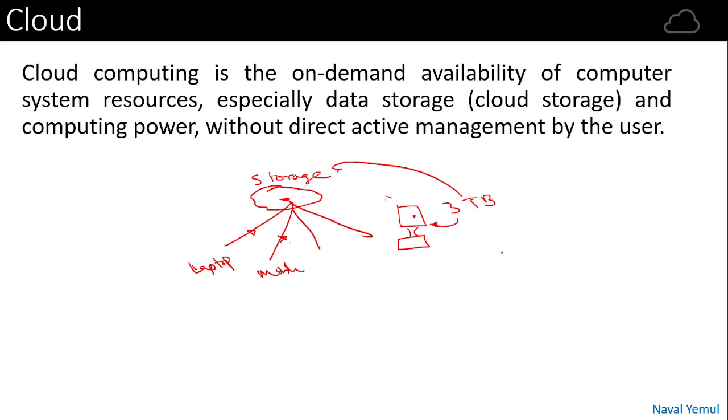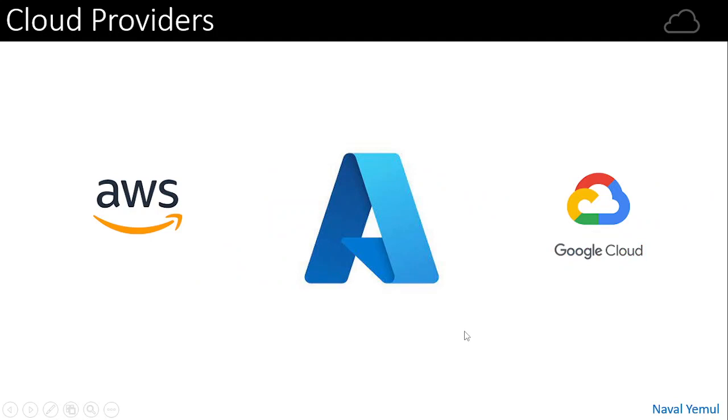And suppose I want to process a huge amount of data and do some computation on it. Your single traditional machine may not be suitable for doing those things, so you may have your compute resources in the cloud. There are so many services we can use from the cloud, and I'll be showing you all that in this session.